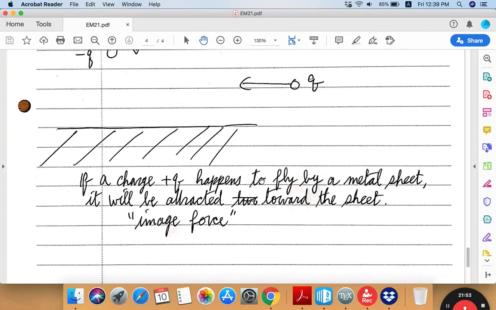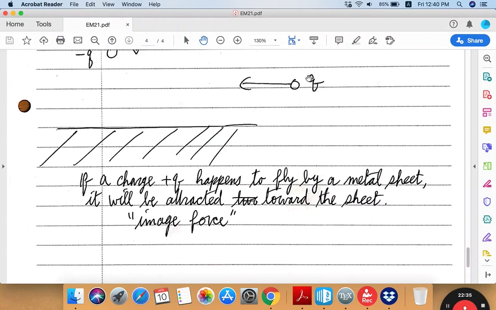Okay, so as a mundane application of this problem that we just solved, now consider the problem of a charge that happens to fly by on top of the metallic surface. So this shaded thing is some kind of flat aluminum sheet, for example. And let's say you happen to have some free electron that happens to fly by. And you might have thought that this electron will continue to move along a straight line. But actually, that's not the case.